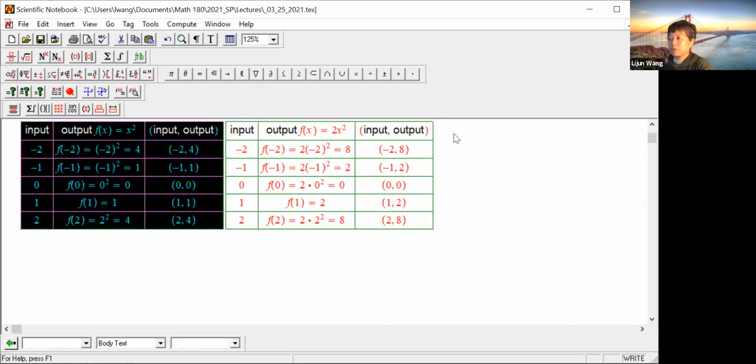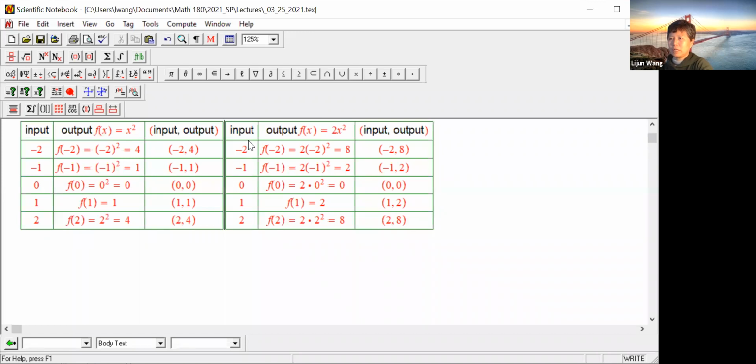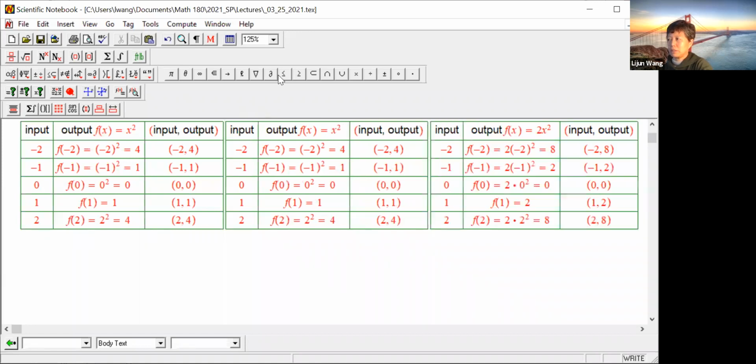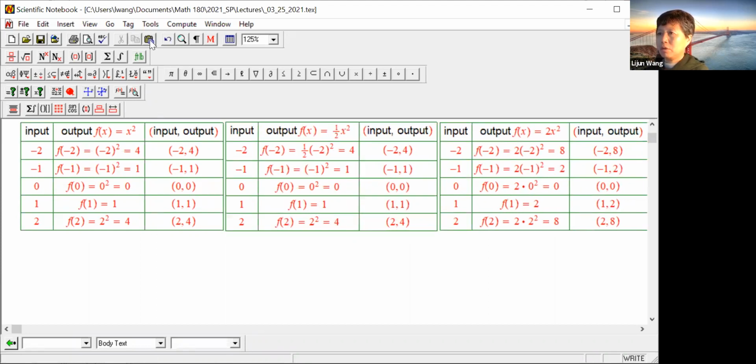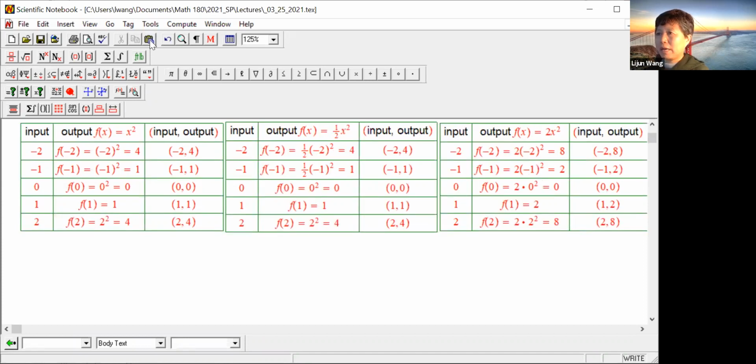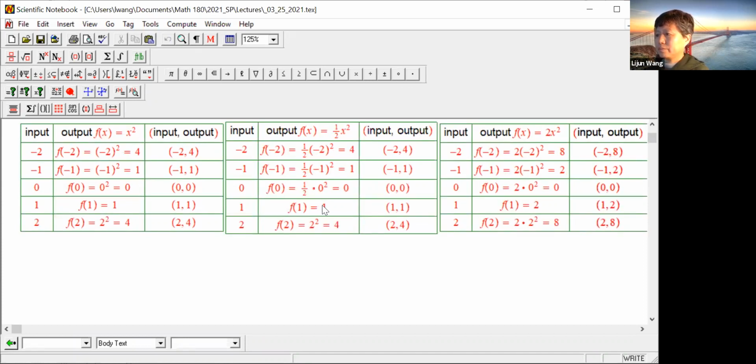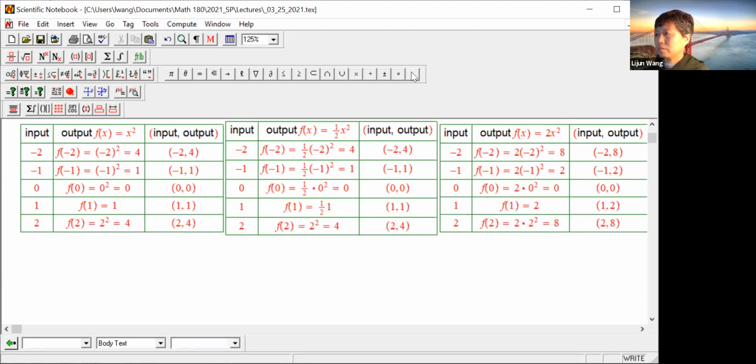And this table, I'm going to put it in the middle, because that makes it easier to see. But this time the rule is half x squared. So all the output will be halved. Do you follow me? All the output will be halved.